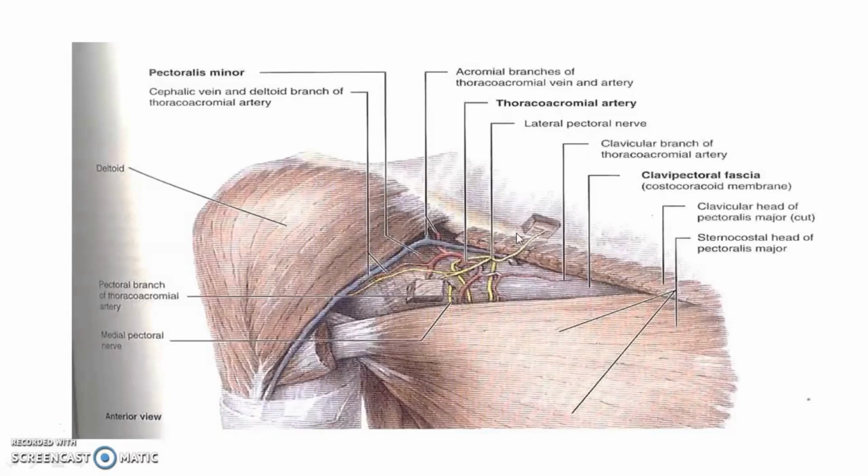In this picture it is not clear, just you remember we will be having four branches anteriorly, pectoral, and we will be having acromial branch behind, and then laterally or superiorly we will be having deltoid branch. Below we will be having another branch for clavicle. So that is clavicular branch of thoracoacromial artery.